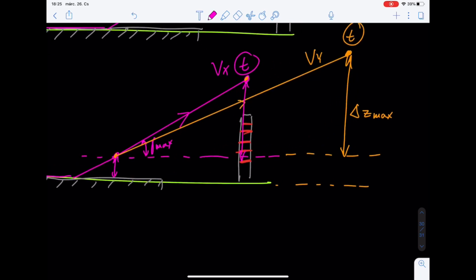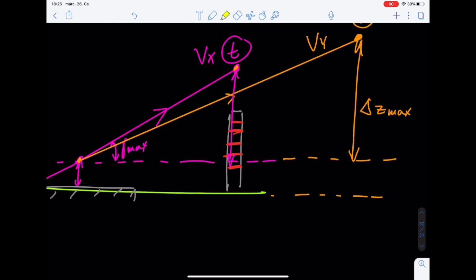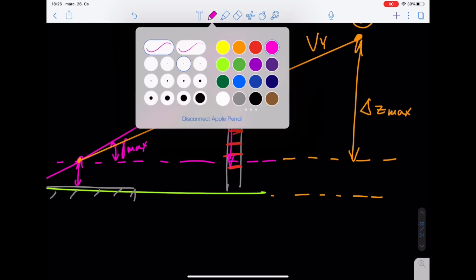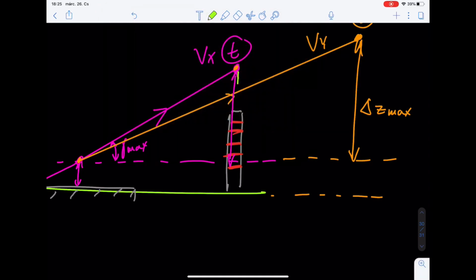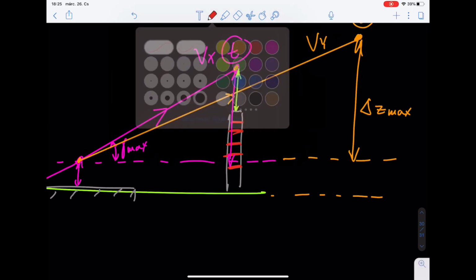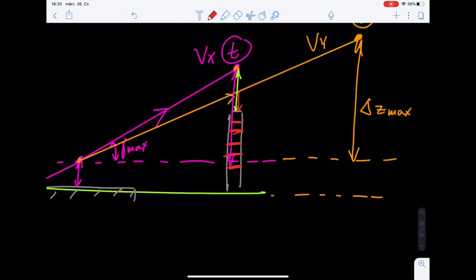However, as you can see, my obstacle clearance compared with the top of the obstacle was larger than in the case of the Vy.